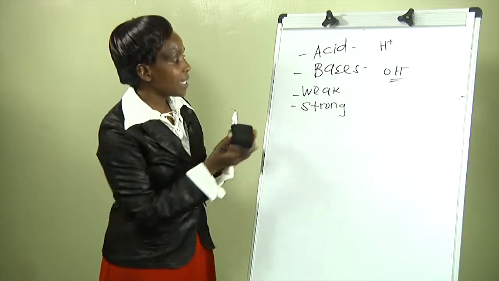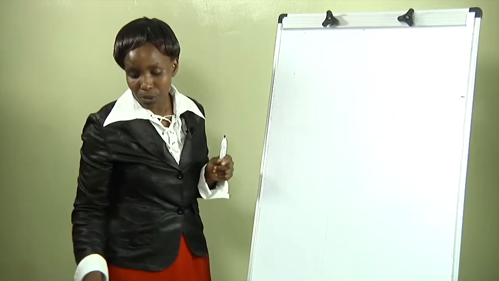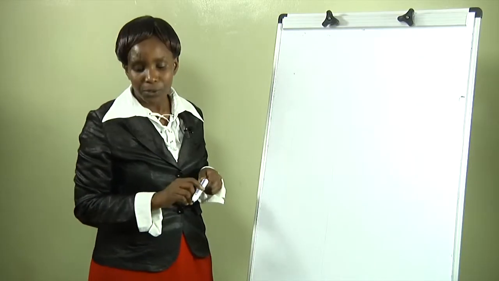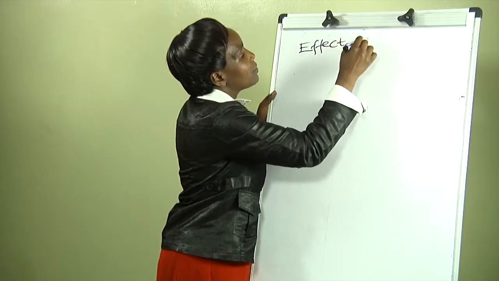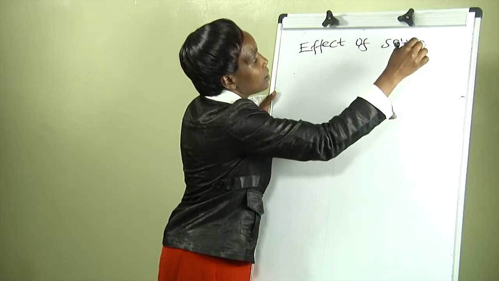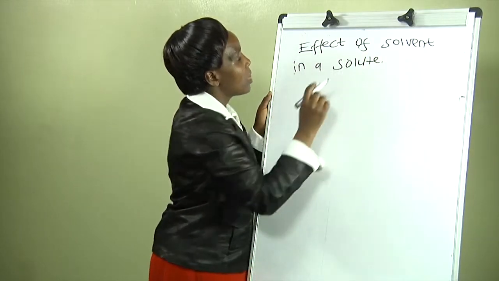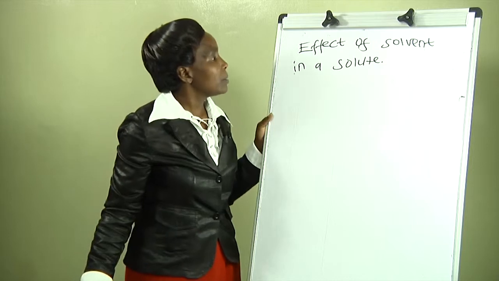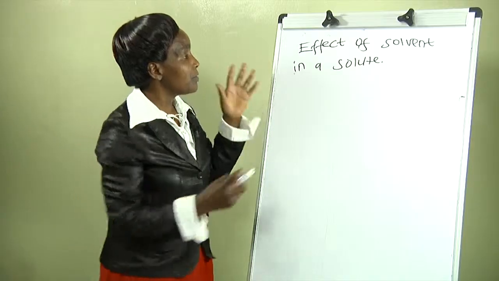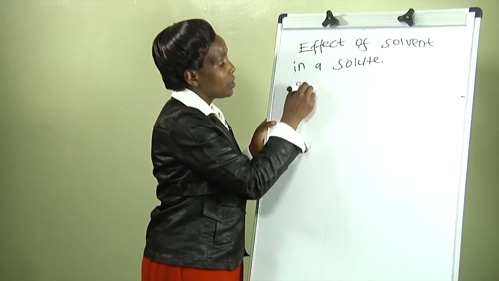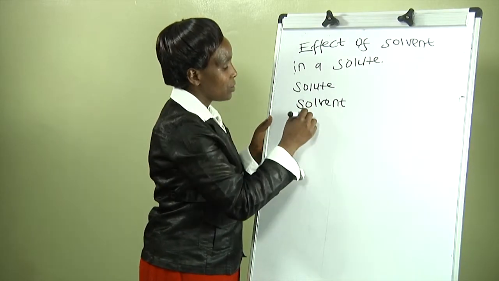Now, the next small subtopic I want us to look at is the effect of solvent on a solute. When we talk of the effect of solvent on a solute, I'm sure we were able to define in Form 1 what is a solute, what is a solvent, and what is a solution.